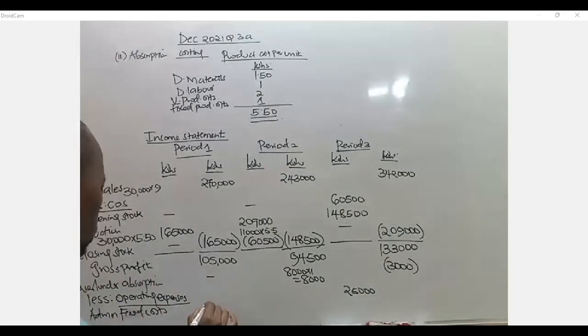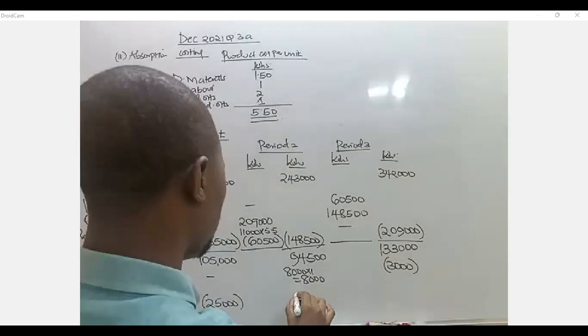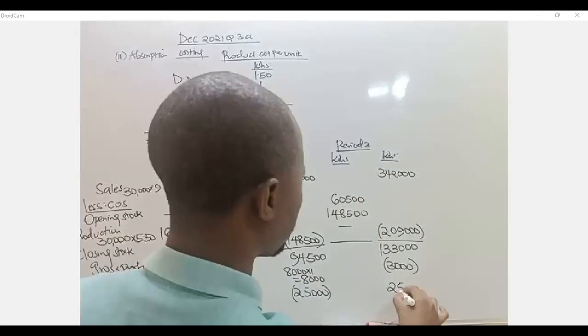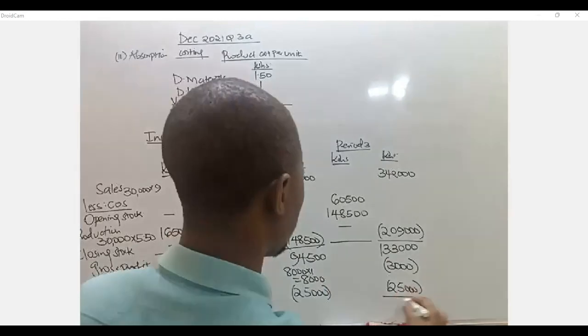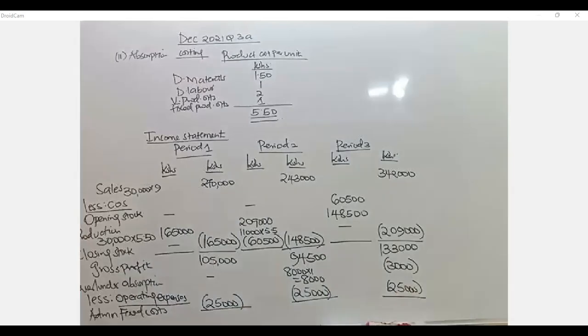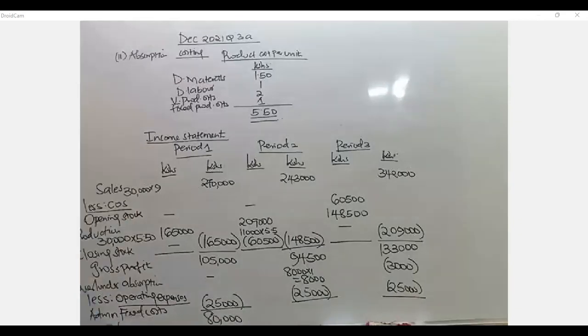So the first one is 25,000 here, because we don't have any other costs. Here we have a deduction of 25,000. So we have 105 minus 25, we get 80,000 here. These are our net profits.